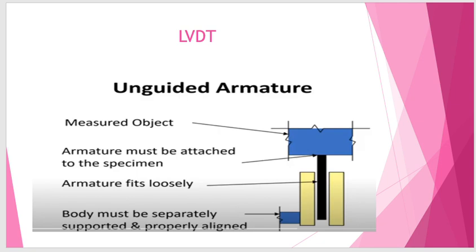From this point, this one is the unguided armature. This part here is totally parallel and the armature is completely disconnected from the LVDT body. There is no contact in between.